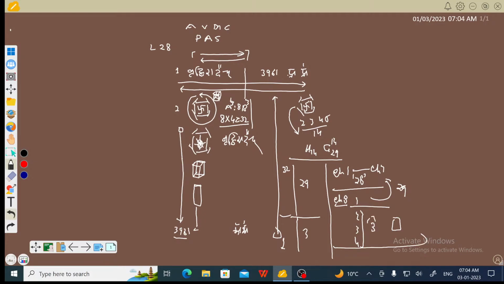So it is this division of the text as 29 and 3 padas.